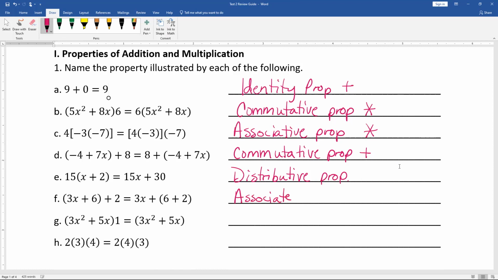So again, you can think about it like on the left side, it's the 3x and the 6 that are associated together. On the right side, it is the 6 and the 2 that are associated together. We've changed that. So the associative means you change the order of operation or you change the ones that are associated together.